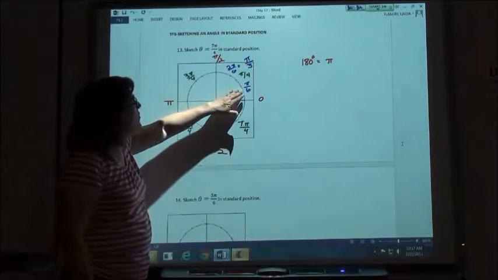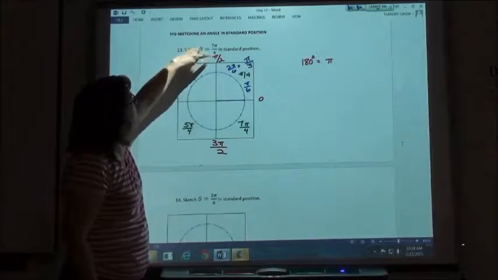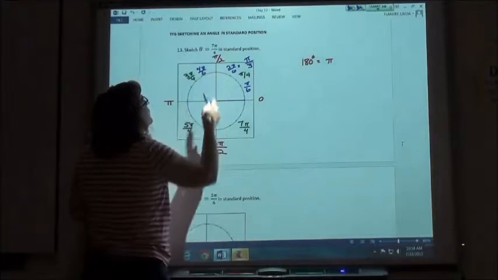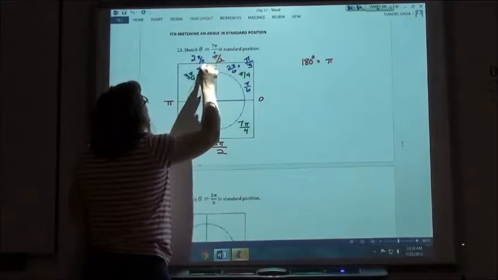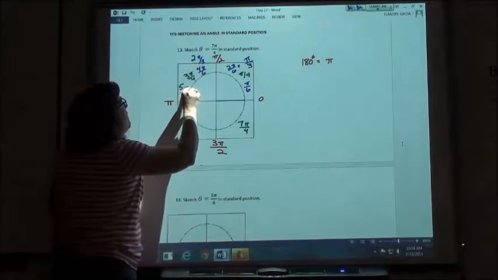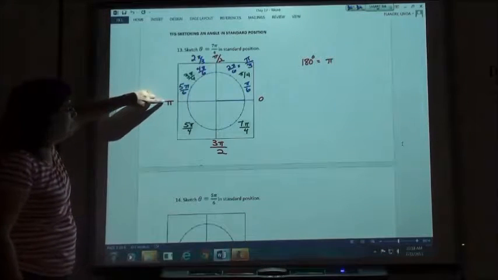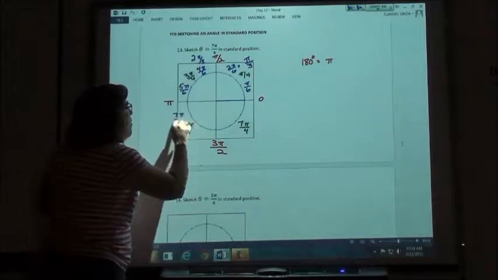So 1 pi over 6, 2 pi over 6, this would be 3 pi over 6, so this would be 4 pi over 6. And of course I can reduce that down again to 2 pi over 3. Then 5 pi over 6. That one won't reduce down. Here is 6 pi over 6. Then we have 7 pi over 6.